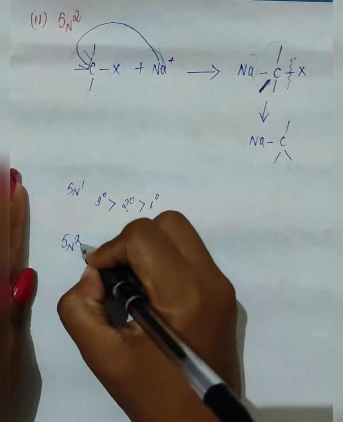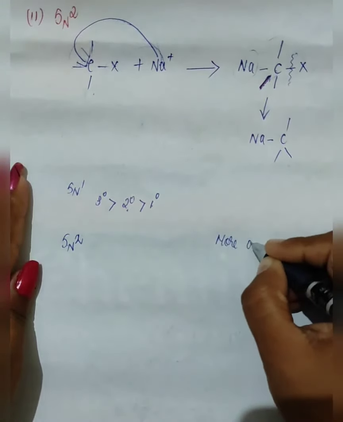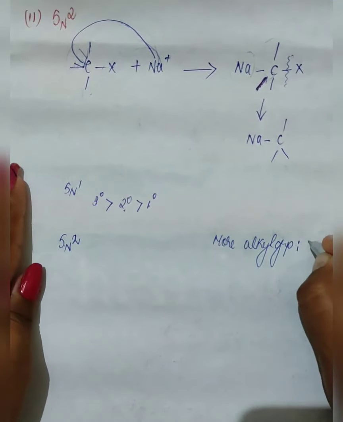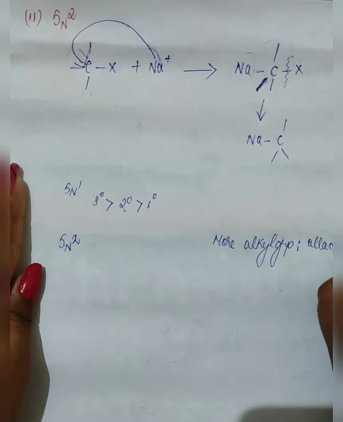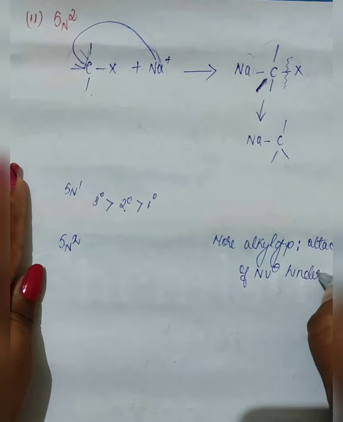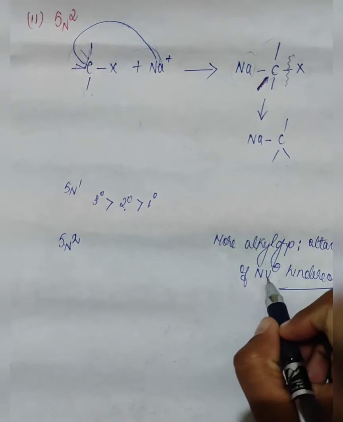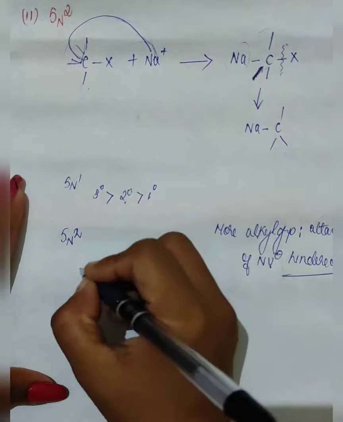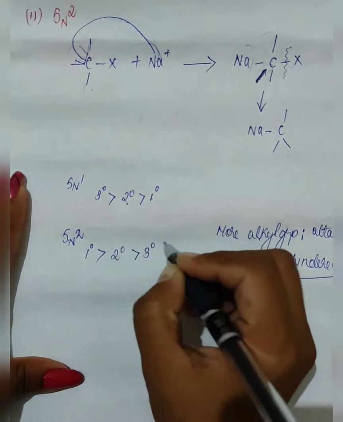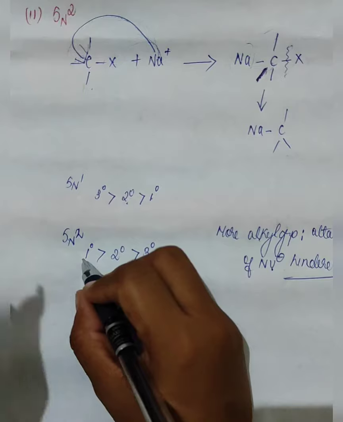Now in case of SN2, the more alkyl groups, the attack of the nucleophile will be hindered. Simply you can say that with more alkyl groups, the nucleophile will not be able to attack. So in this case, which will be stable? 1 degree is more stable, followed by 2 degree, and the least one will be 3 degree because it has the highest number of alkyl groups present, and 1 degree has the least alkyl groups present.